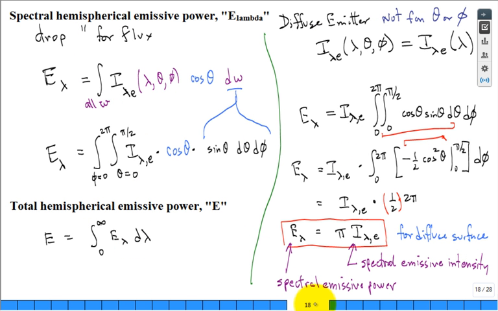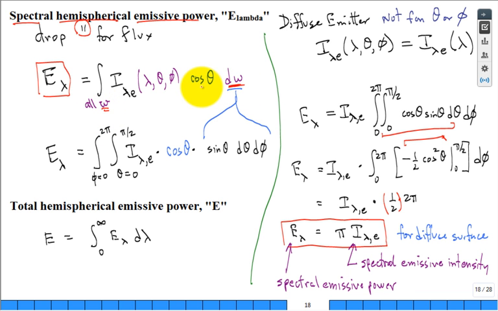The other thing is sometimes the book uses the double prime for the flux, sometimes it doesn't. A lot of times it doesn't. Like right in here, they don't put a double prime on something that definitely is a flux. So here is our spectral hemispherical emissive power, E lambda. What you do is integrate over all of the solid angle.